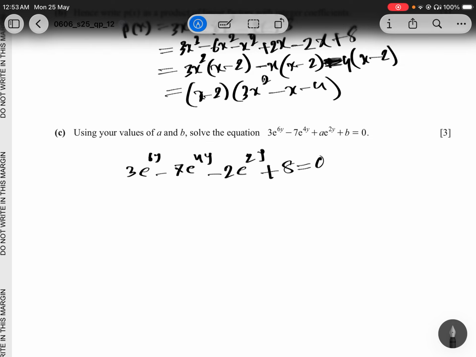So I think I have to use some kind of substitution. Let me think about it. Okay, I'll base it on e to the power 2y. Okay, so e to the power 2y to the power square doesn't make any sense. I'll get back to it later.